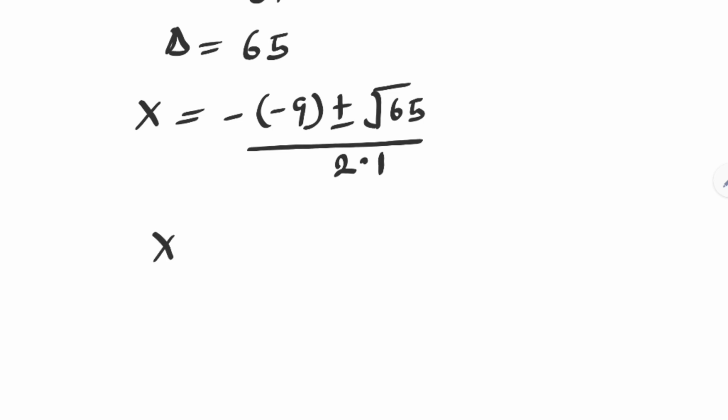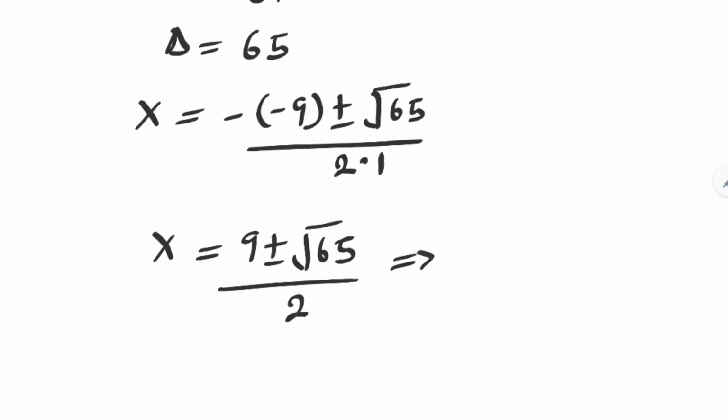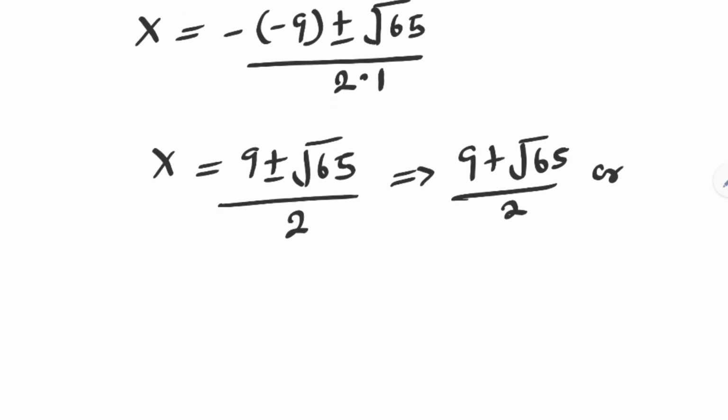So s is equal to minus times minus 9, this is 9, plus or minus square root of 65 over 2 multiplied by 1, 2. This is 9 plus root 65 over 2, or 9 minus root 65 over 2.